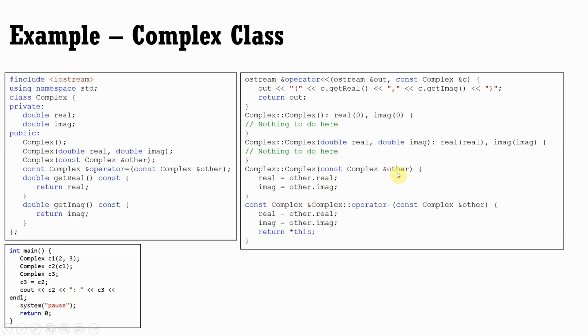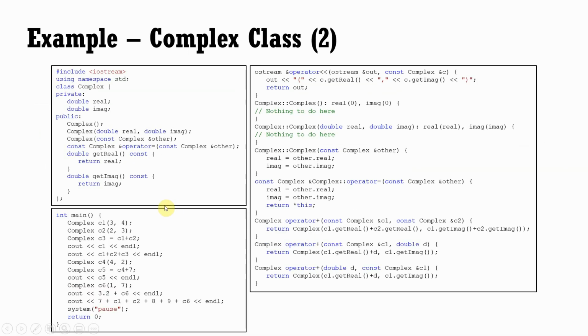It would copy the member variables of this parameter, which is called other or right hand side, to the member variables of the calling object. So in this case, the copy constructor is called, and the real and imaginary parts of C1 are copied, respectively, to the real and imaginary member variables of C2.